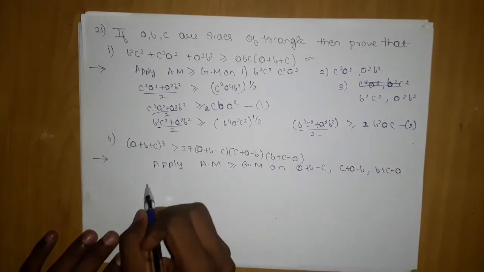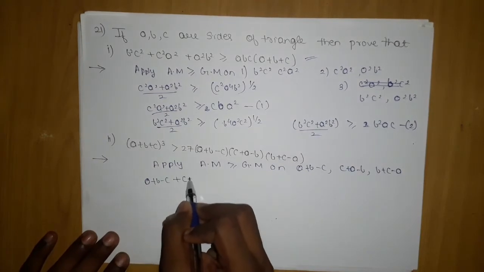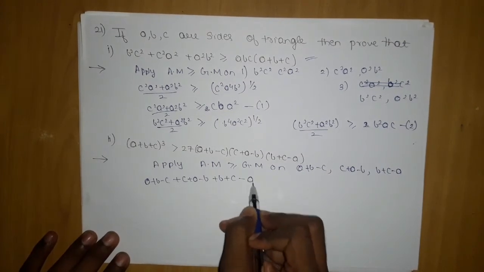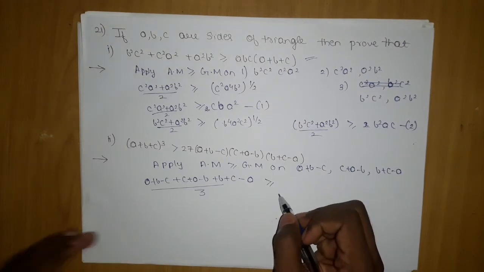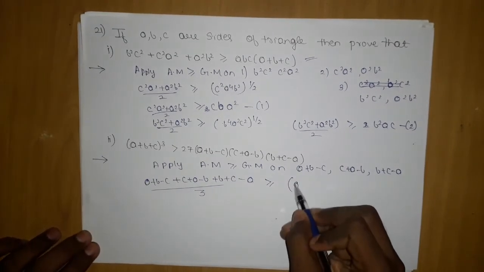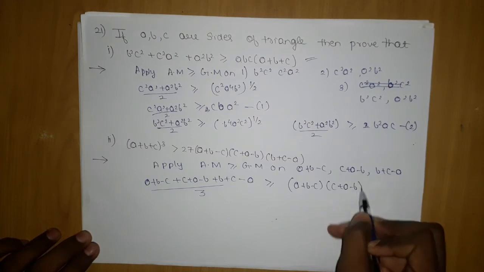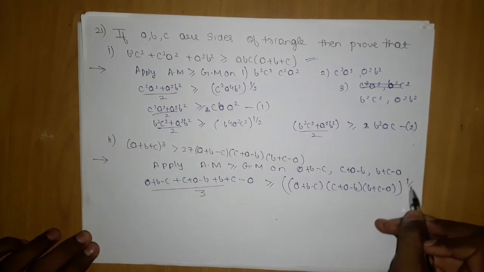If we do this, we have a plus b minus c plus c plus a minus b plus b plus c minus a upon 3 is greater than or equal to a plus b minus c into c plus a minus b into b plus c minus a, the whole power 1 by 3.